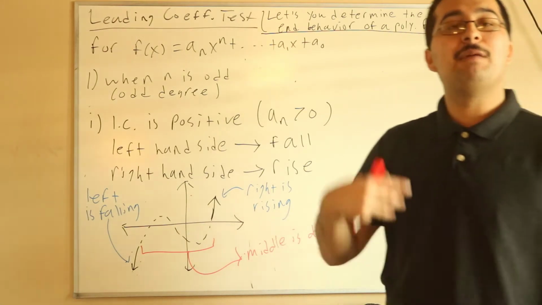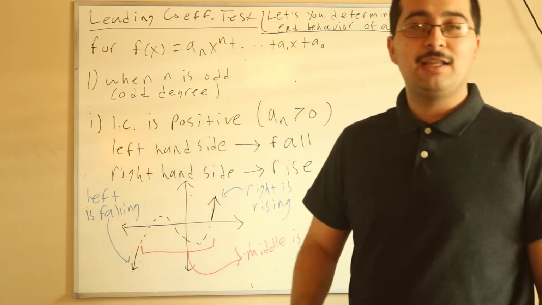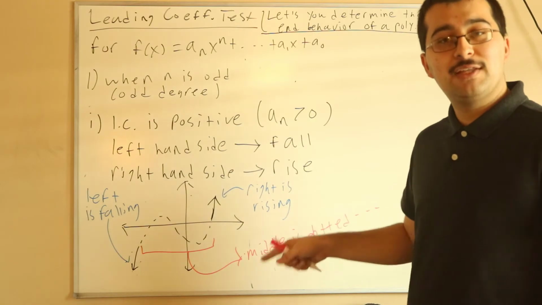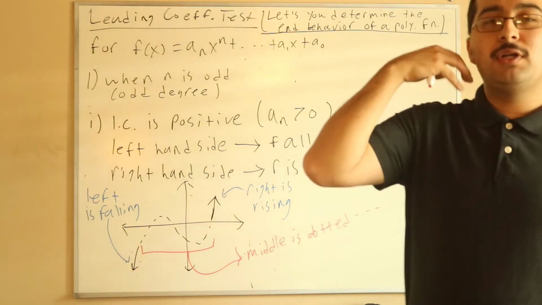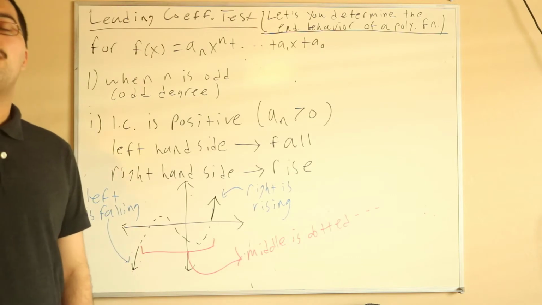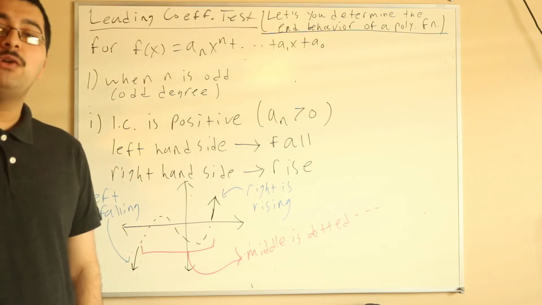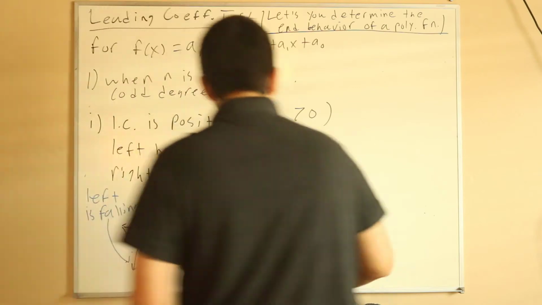region of my graph. I'm only making a comment about what's happening at the left end side and what's happening at the right end side. It's a very important thing to remember about this test, this leading coefficient test, is it's only talking about end behaviors. It makes no comment about the middle region of your graph.